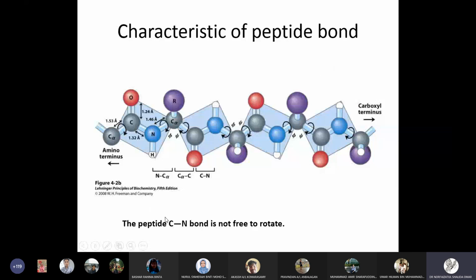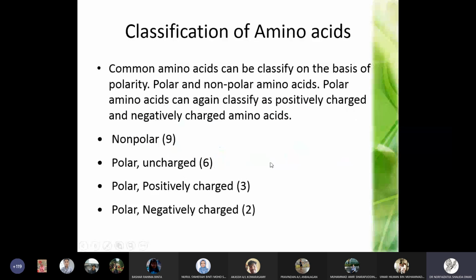And the peptide bond between the carboxyl group and the amino group is not free to rotate. So this is another characteristic of the peptide bond, which is why we call it rigid. It cannot rotate freely. Okay. Any question on the peptide bond?